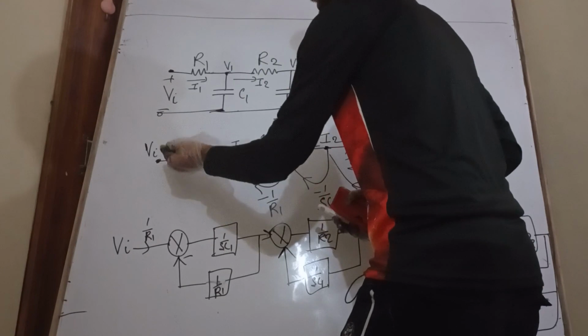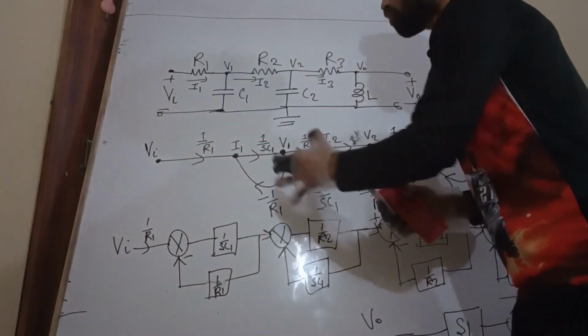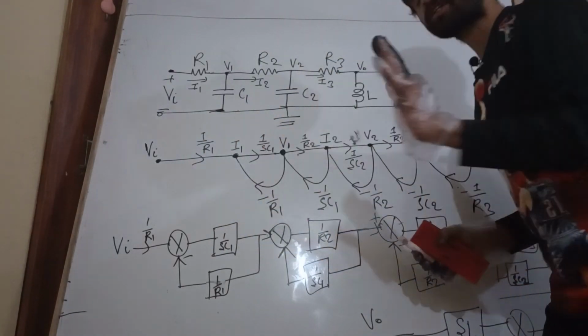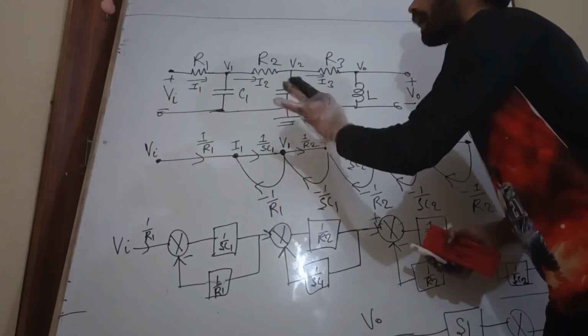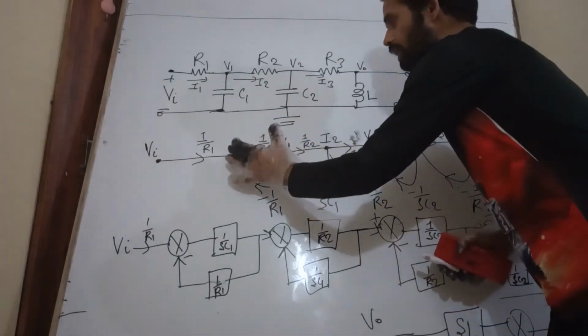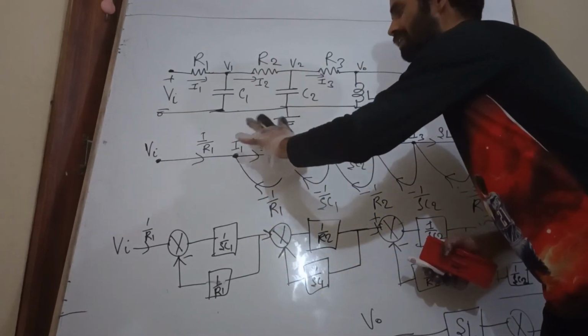After that we have to write the forward path gain and feedback path gain. Both gains are either in impedance form or in admittance form, all in alternate form.